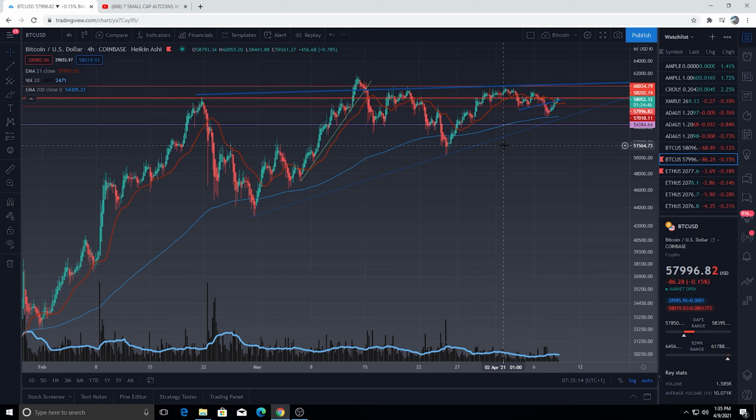Like a month ago, I capitulated right after the 62. I had an awesome trade, made a lot of money, and I thought we were going to 80. I thought there'd be a bounce.